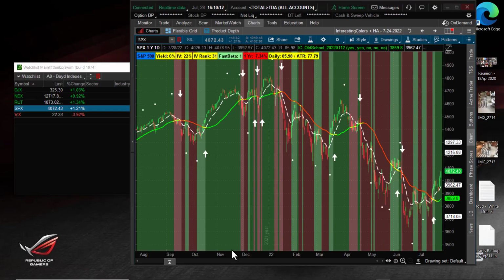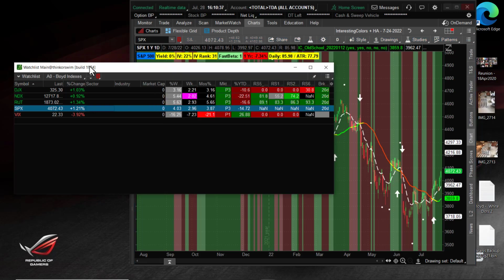There's one last thing that I wanted to cover with regard to the white dots and the golden cross upward transversals and the death cross indicators. And that's that these symbols or these indications are also available on the watch list.